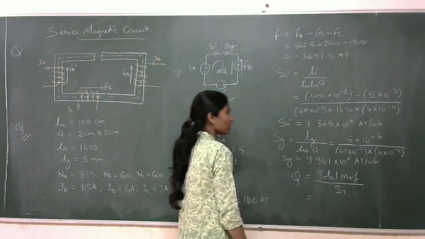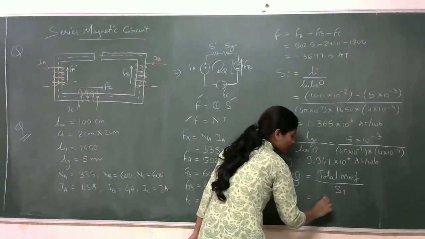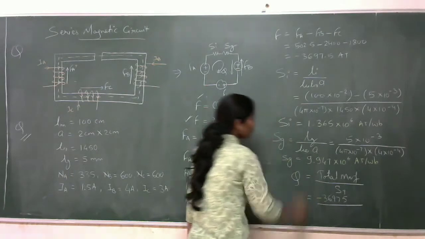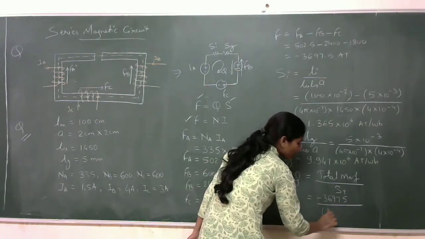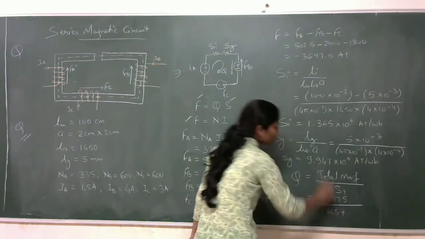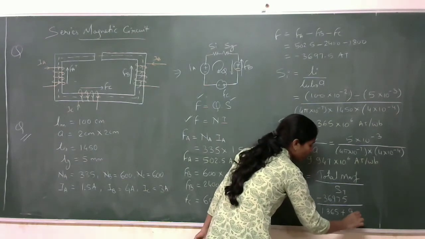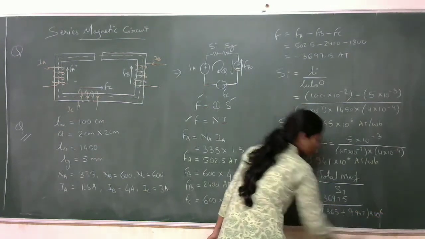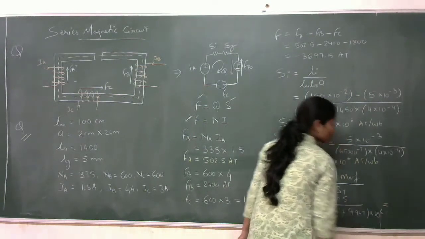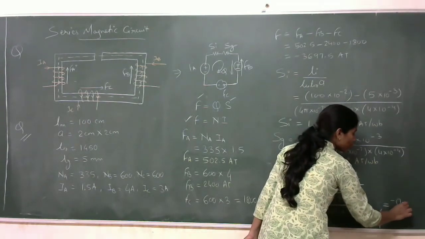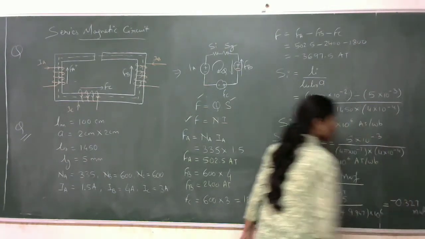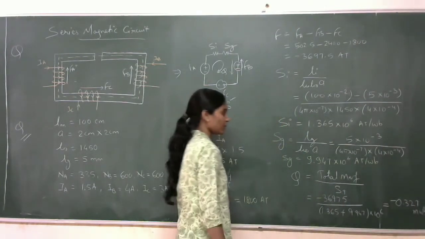By keeping the values, we get minus 3697.5 divided by the total reluctance, 1.365 plus 9.947 into 10 to the power 6. When you solve, the answer is minus 0.327 milliampere. So the answer is minus 0.327 milliampere.